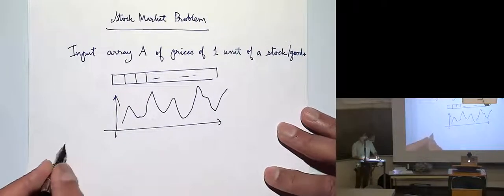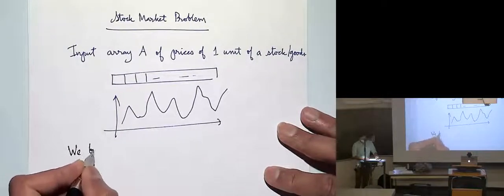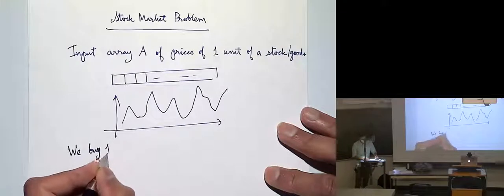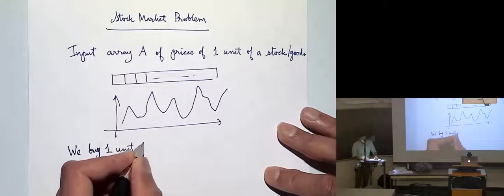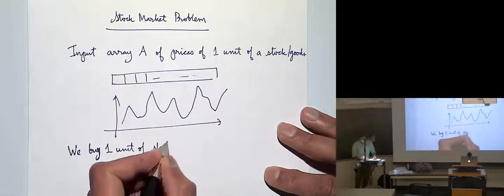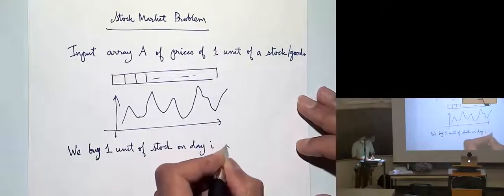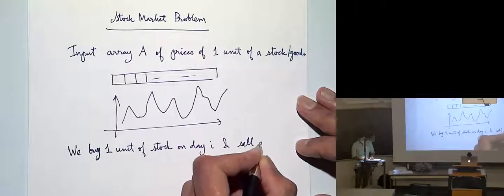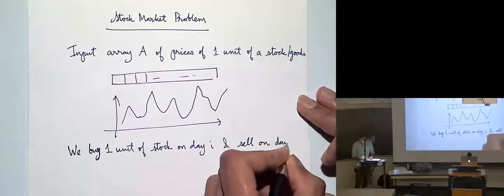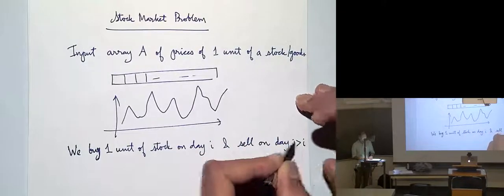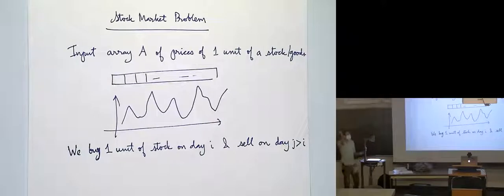And we buy 1 unit of stock on day i and sell on a day j greater than i. So it's important that you sell after you buy. You might think that's absurd, but of course, these days you can sell before you buy.